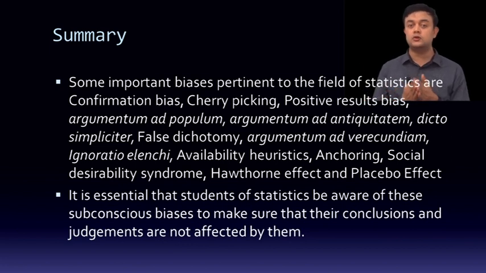We covered most of these important biases, heuristics and logical fallacies in this section. It is essential that students of statistics be aware of these subconscious biases to make sure that their conclusions and judgments are not affected by them.